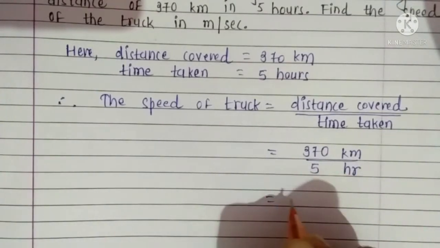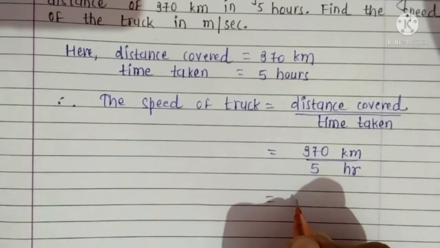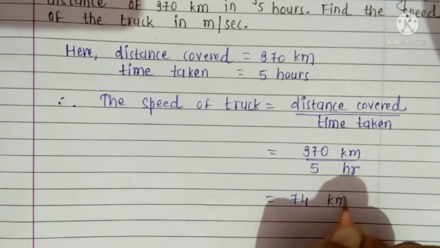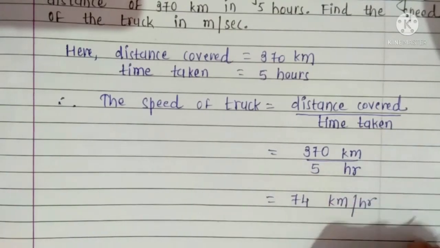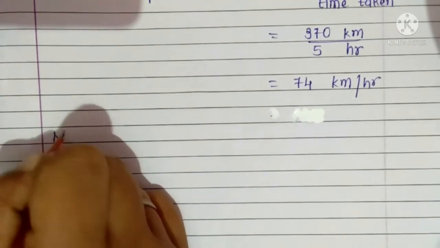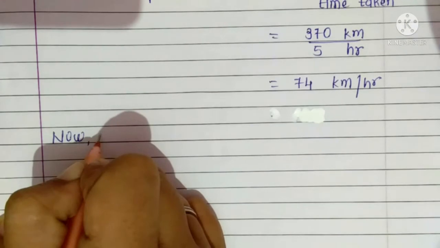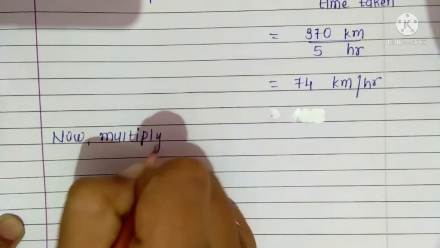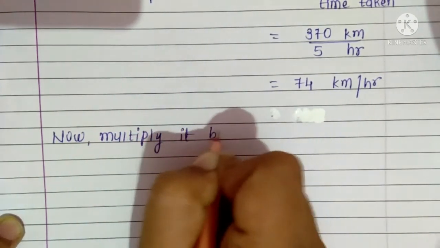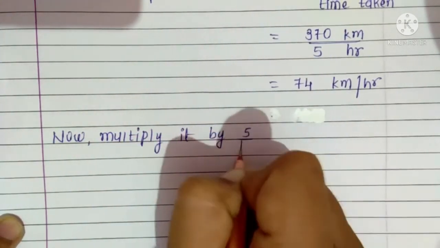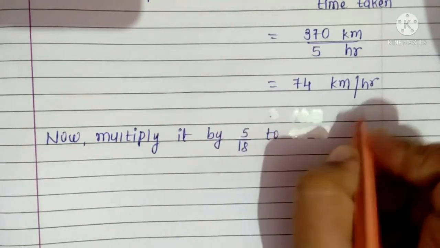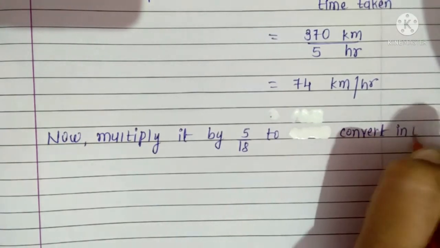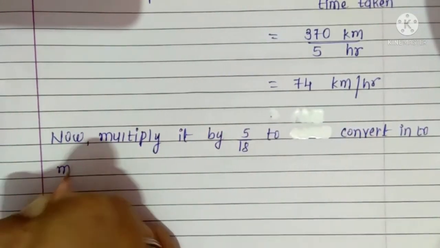On dividing 370 by 5, we get answer 74 kilometer per hour. Now we multiply it by 5 upon 18 to convert into meter per second.